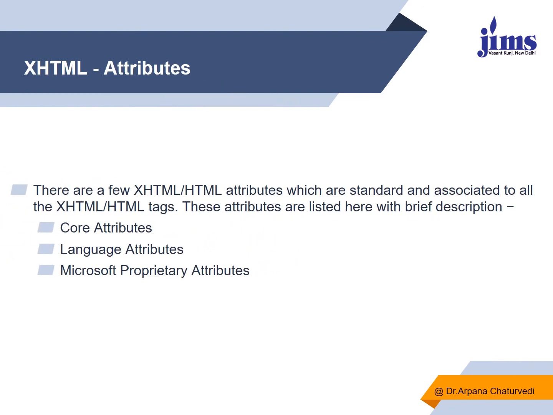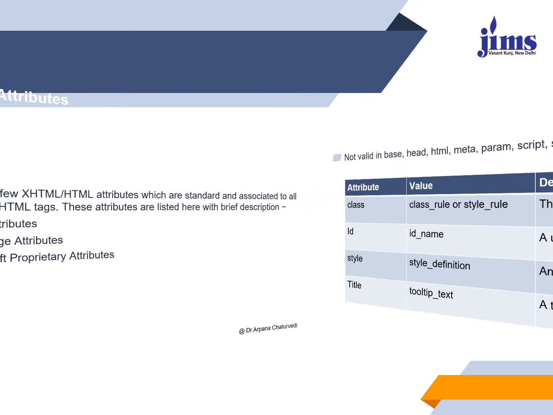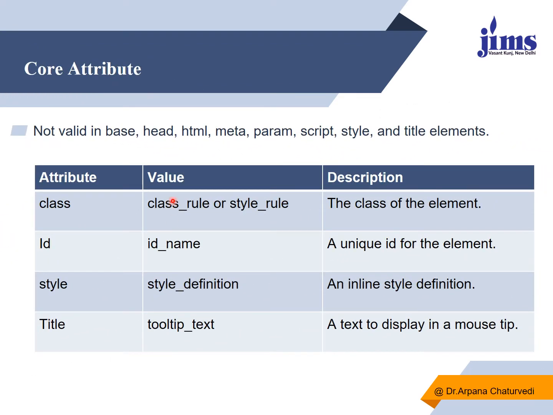XHTML attributes are of three types. One is core attributes, next is language attributes, and Microsoft proprietary attributes. These are the core attributes which you will be using. Not valid in base, head, HTML, meta, param, script, style and title elements. The attributes are class, for giving a rule to the element within CSS.